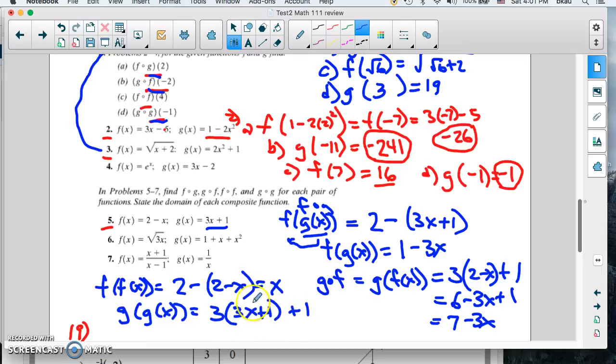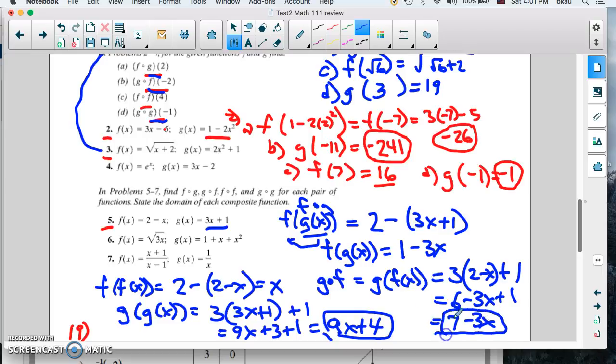So you take the x and we plug the regular function back into it. So that's going to be 9x plus 3 plus 1, which is 9x plus 4. Would be g of x. So when we're doing these rules, we're not going to get a number value out of them. You're just going to get a new equation.